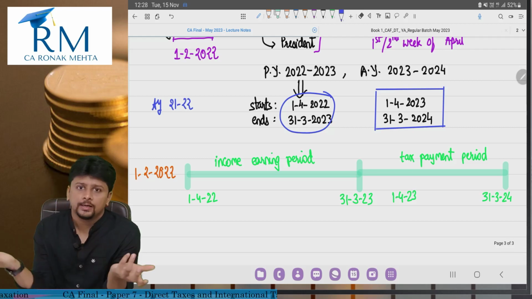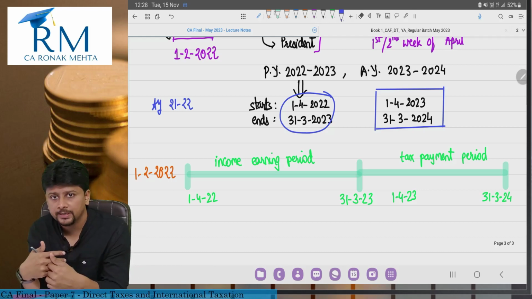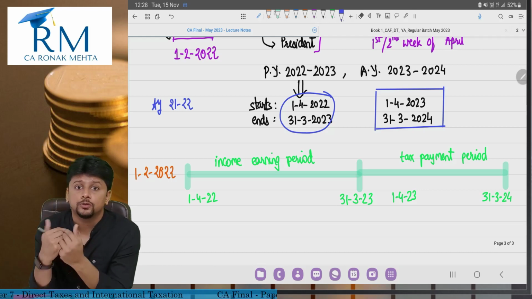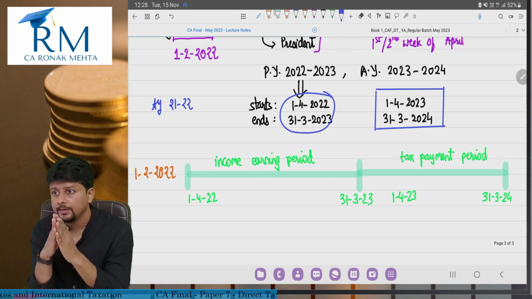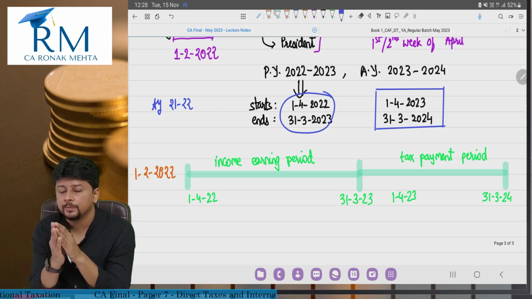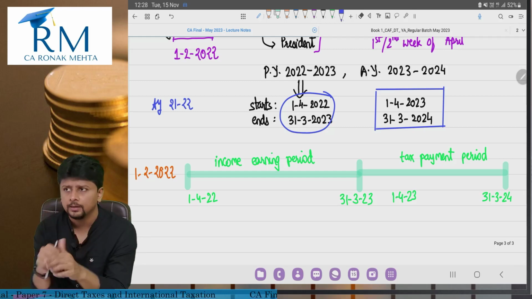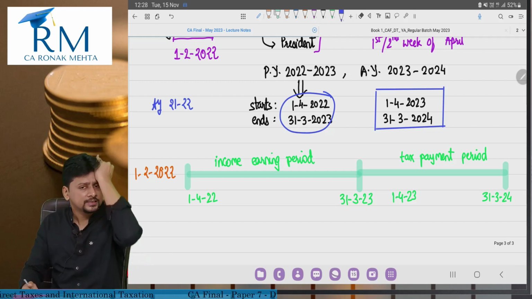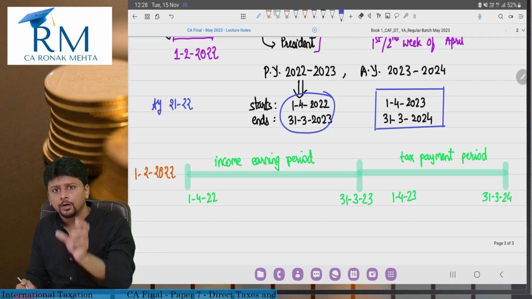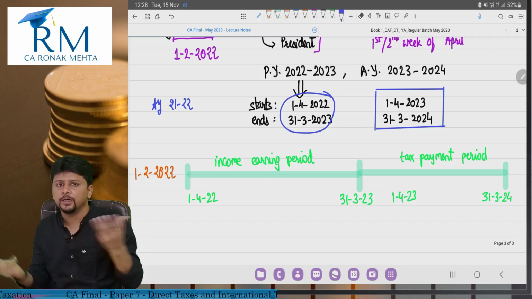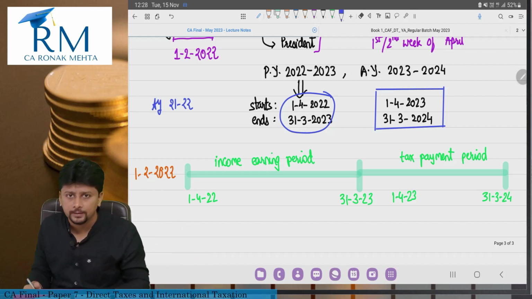Logically speaking, both are correct. 21-22 is also an assessment year. 22-23 is also an assessment year. If I am just studying the definition of assessment year in isolation, then every financial year is an assessment year. Every period of 12 months commencing from 1st April is a financial year, and that is an assessment year.